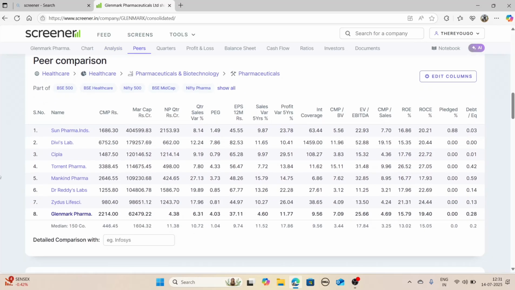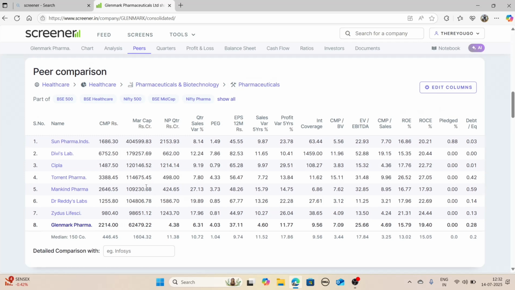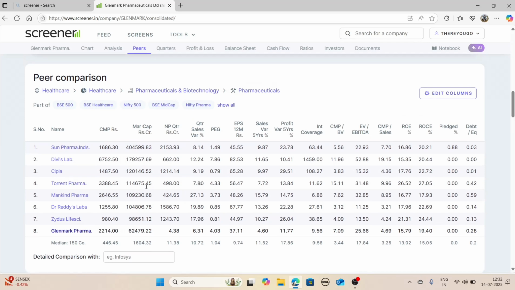Let's compare with its peers. Basically, Sun Pharmaceutical Industries is at the top, and Glenmark comes 8th by market cap.